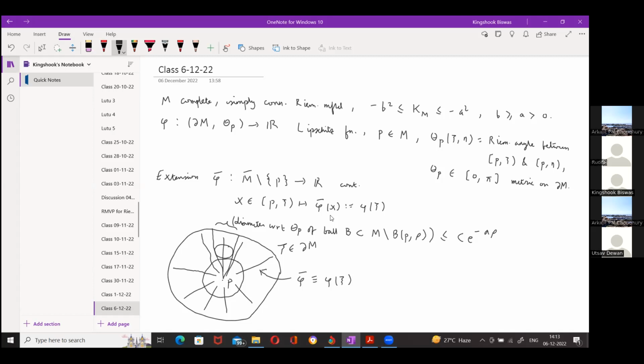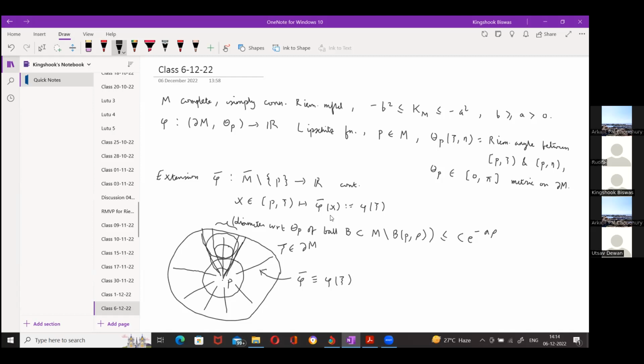So this is not true in non-positive curvature. Okay, so in negative curvature, this ball outside the large ball, I can take this very large. So I can take larger and larger balls. In the limit, I could take a horosphere like this outside this ball. Even the diameter of that horosphere will be less than a constant times e to the minus a rho.